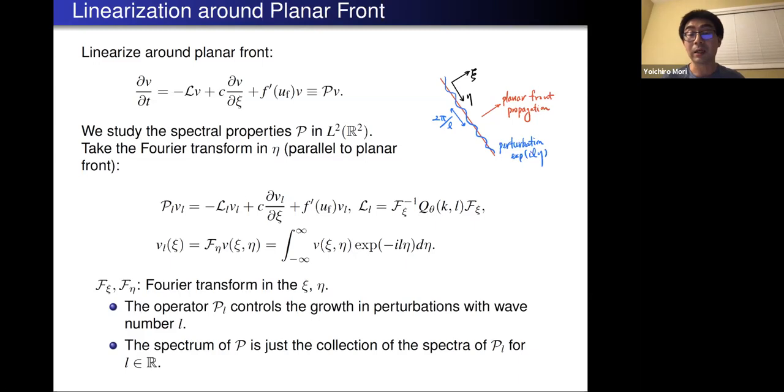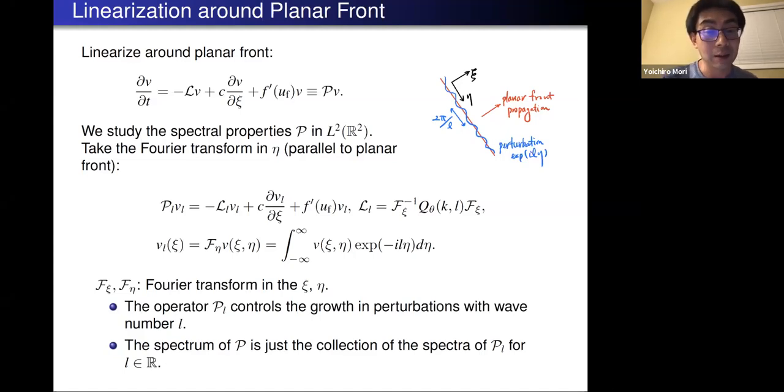So since the planar front is planar, it is natural to take the Fourier transform in the eta direction, which is the direction parallel to the planar front, and so the spectral problem for P decomposes into the spectral properties for perturbations of the form exponential i L eta, or the L wave number perturbations.